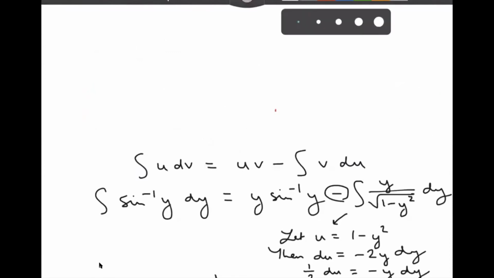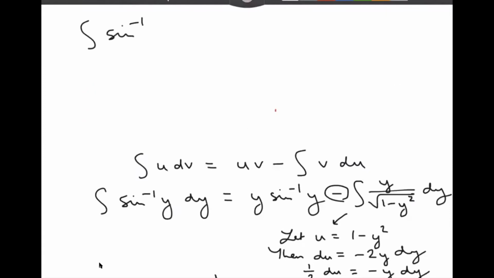We are going to have the integral of inverse sine y dy is y inverse sine y. And now minus y dy is going to get replaced with plus 1/2 du.